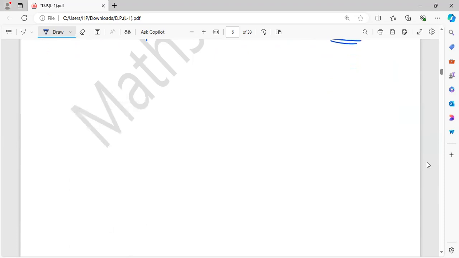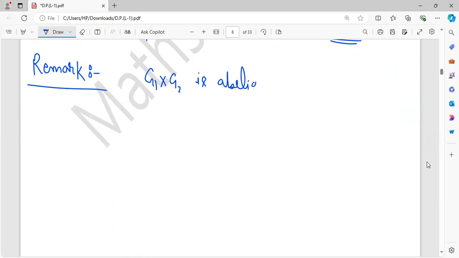Okay. I would like to give a remark. G1 cross G2 is abelian if and only if G1 and G2 are abelian.